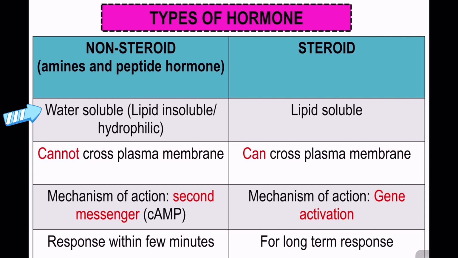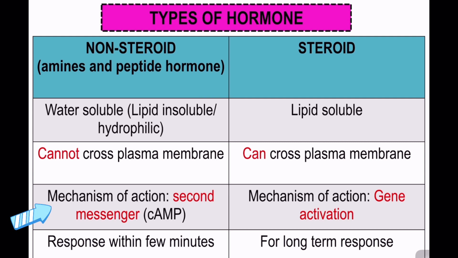Therefore, it is also called lipid insoluble, or they are hydrophilic molecules. Steroid hormones are lipid-soluble. Therefore, non-steroid hormone cannot cross the plasma membrane, while steroid hormone can cross the plasma membrane.